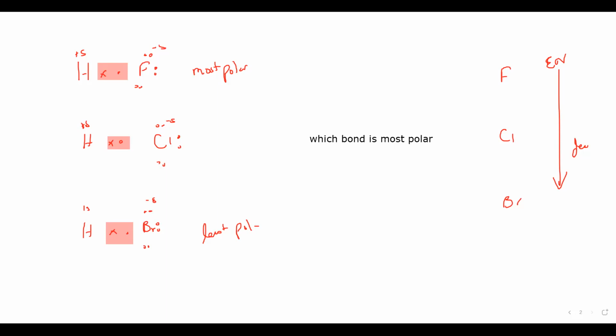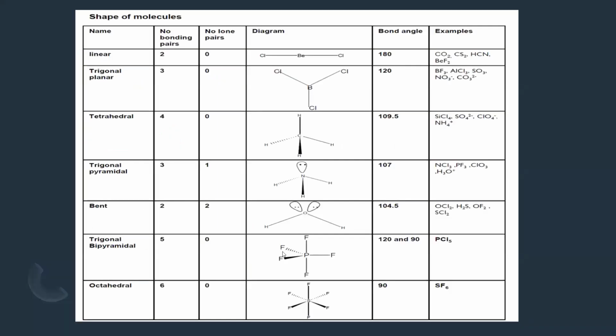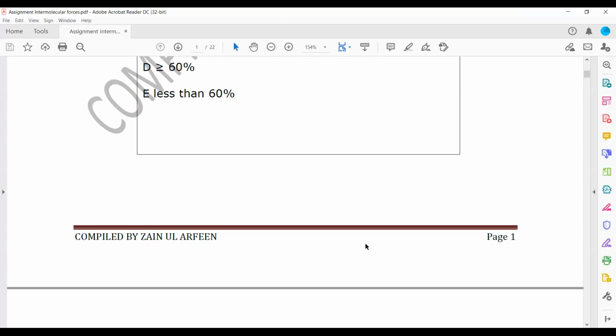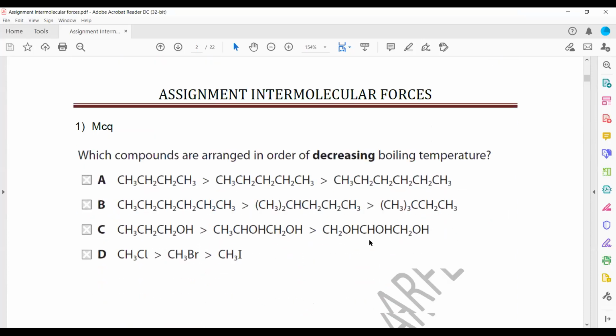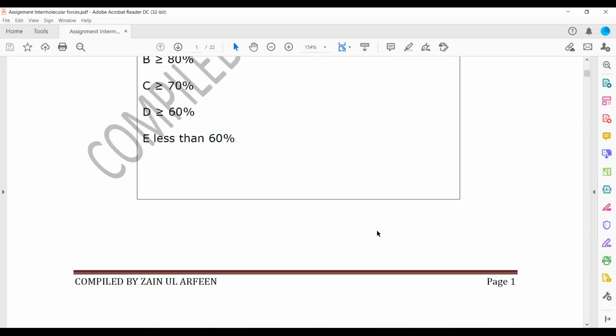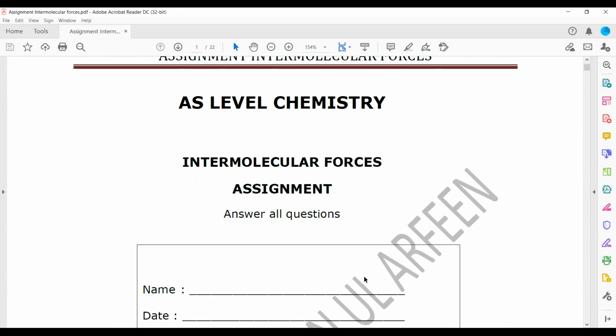Yesterday we discussed the geometry and bond angles using valence shell electron pair repulsion theory. This is the intermolecular force, but we'll do shapes of the molecules first.